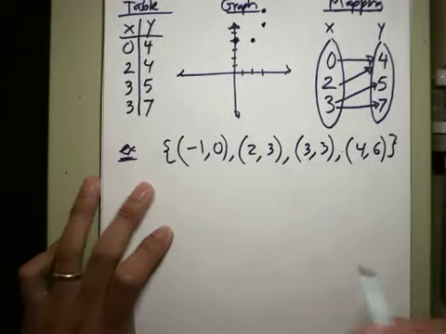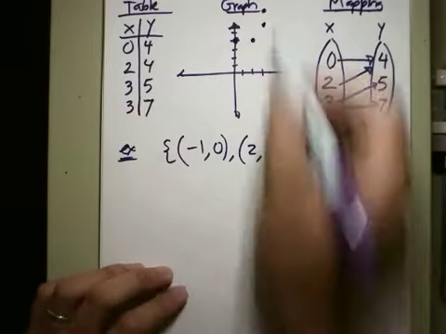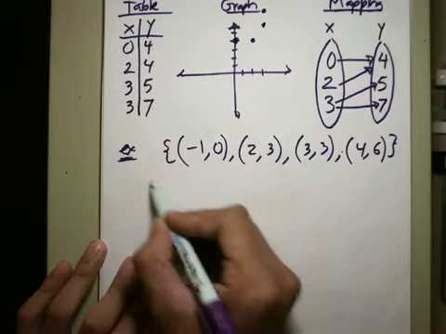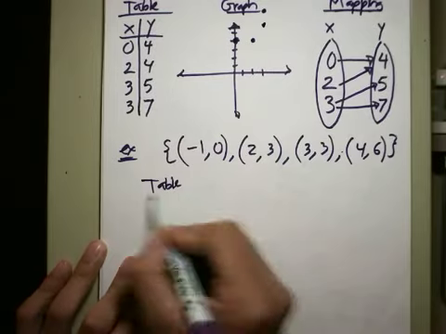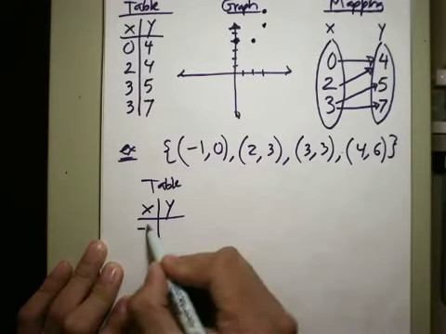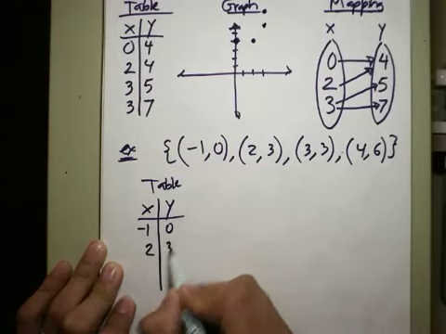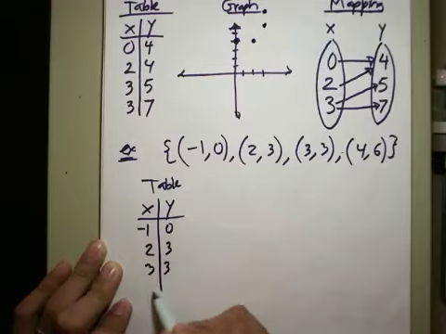Okay, this time, I just want to do a table and a mapping. The graph, as you know, is you just have to plot these points. So here's the table format. You have your x and your y. Your x will be -1, 0. I have 2, 3. I have 3, 3, and 4, 6.